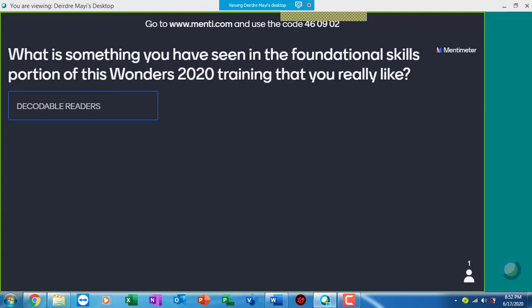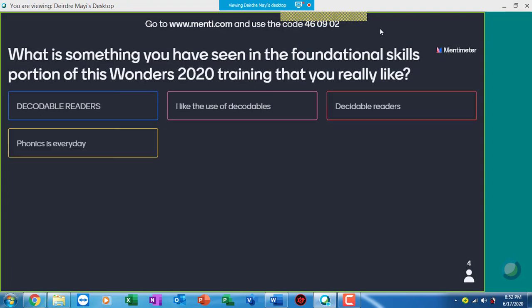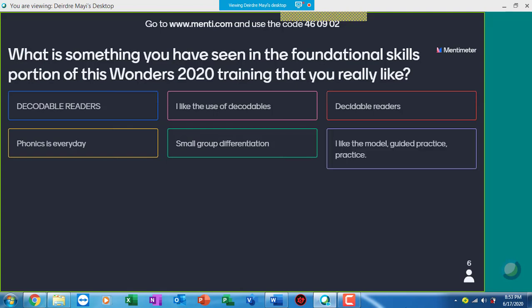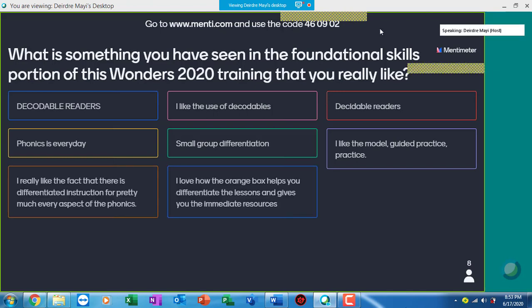Decodable readers, yes, they are always a hit. And they're really so nice. Oh, again, the decodable. Okay, that phonics is every day. Yay. Small group differentiation. And when we get into it, you're really going to like it. The model, the guided practice, the practice. Yes, that gradual release.